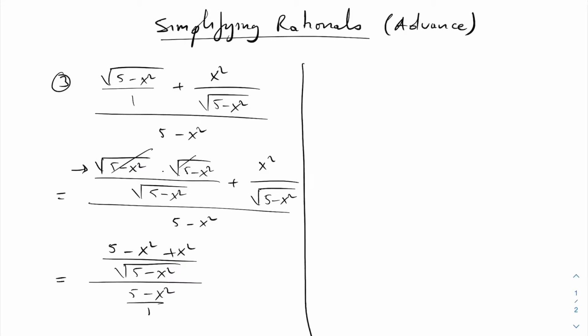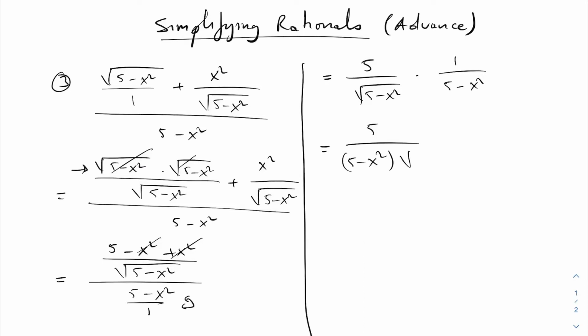And so now that we have a single division bar on top and a single division bar on the bottom, we can turn this division into a multiplication by rewriting it as 5 divided by the square root of 5 minus x squared times 1 divided by 5 minus x squared. And so finally we can multiply across, and that's going to be 5 divided by 5 minus x squared multiplied by the square root of 5 minus x squared.